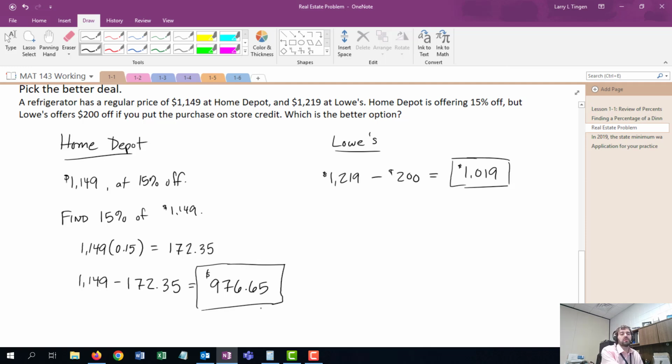Which one of these is better? That one, Home Depot, is the better option for us, right? Because it's less. We're going to end up paying less for the fridge.